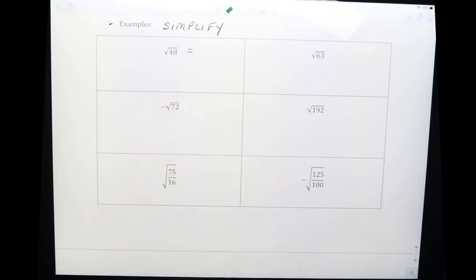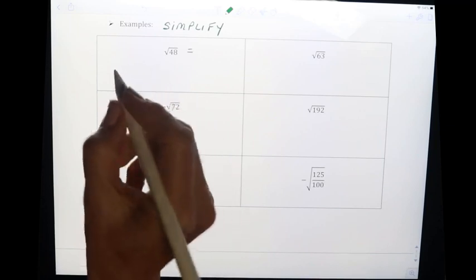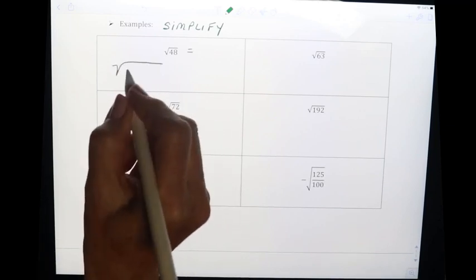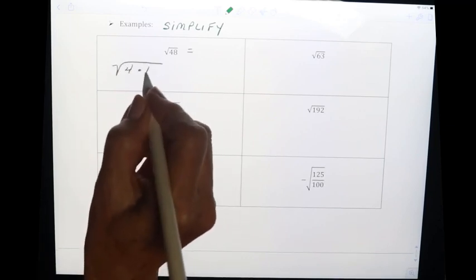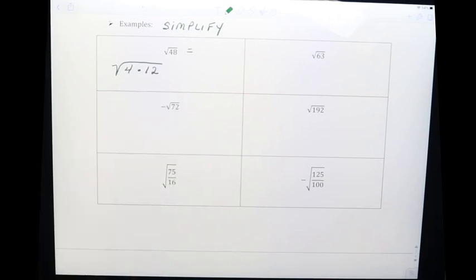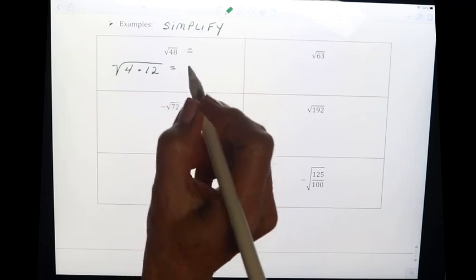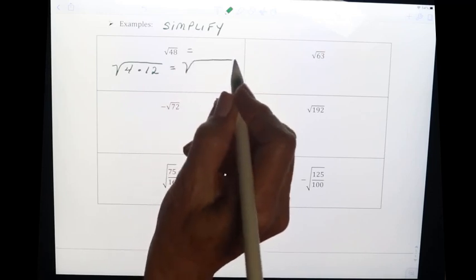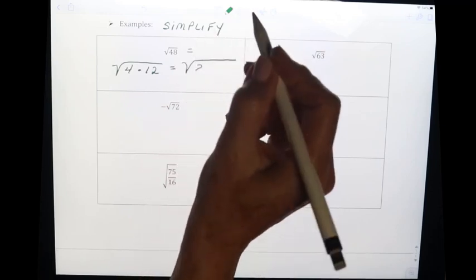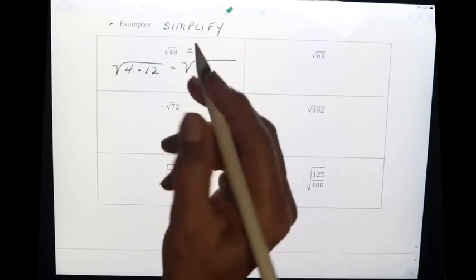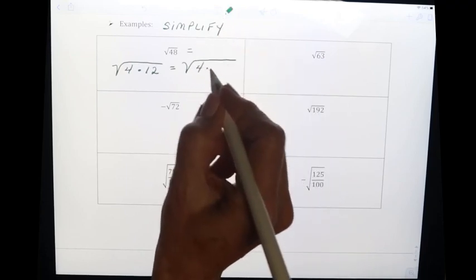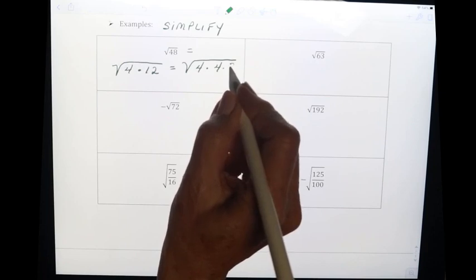So I'm going to look at 48, and I'm trying to think of some numbers, and the first numbers that pop into my head are 4 and 12. Those multiply to give me 48. And of course, 4 is a perfect square, so that's good. But 12, I'm thinking I can break it into another couple of pieces here. So I'm going to take the 12 and break it down into 4 times 3.